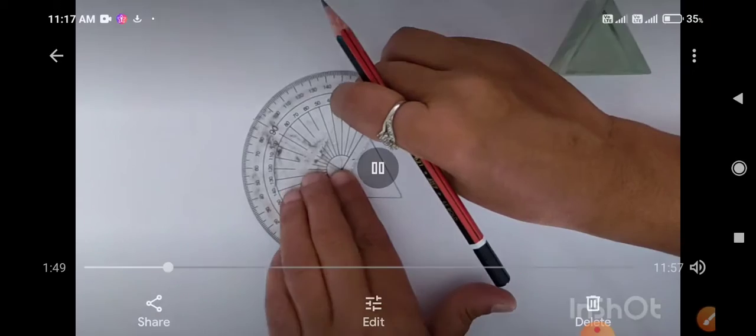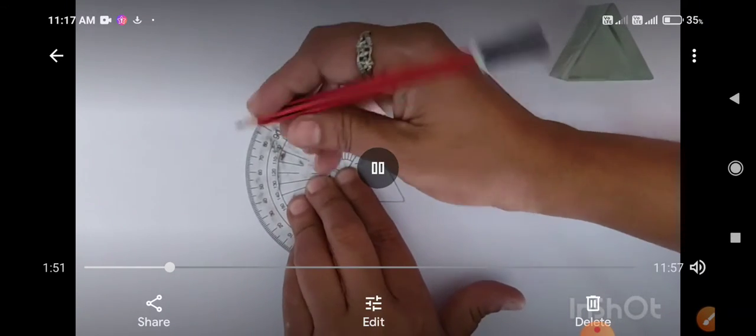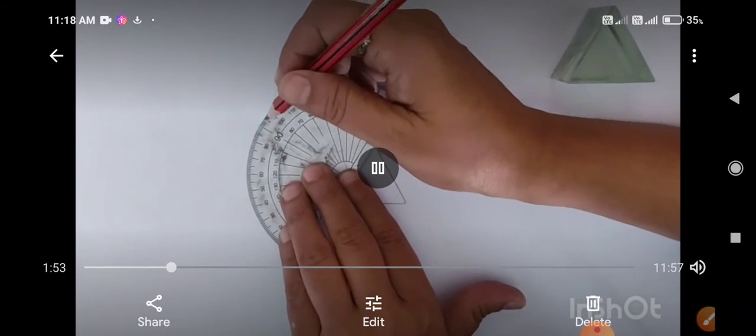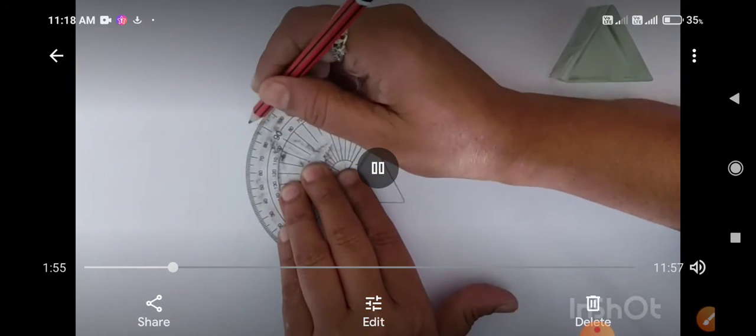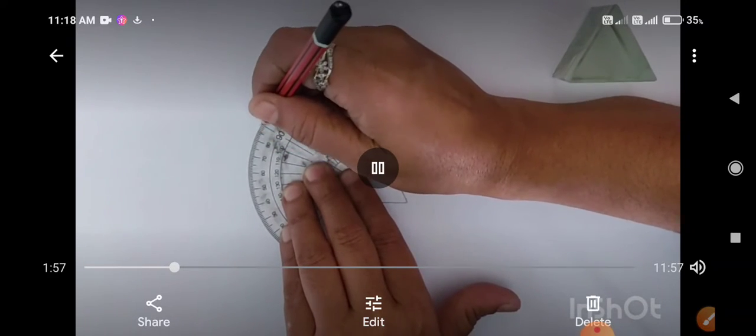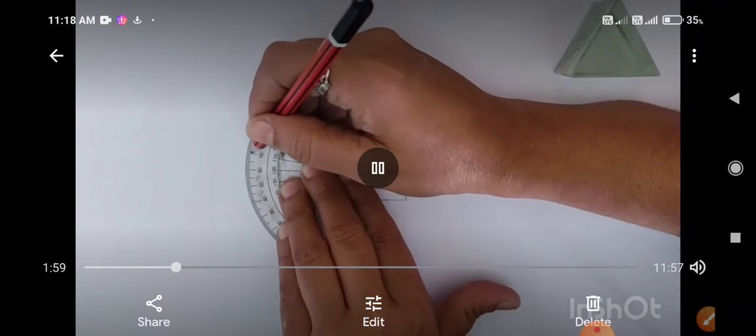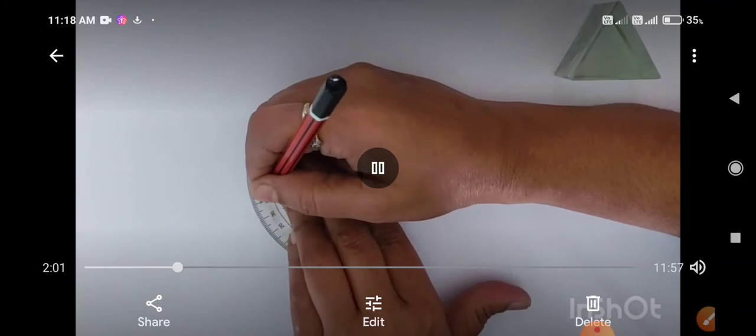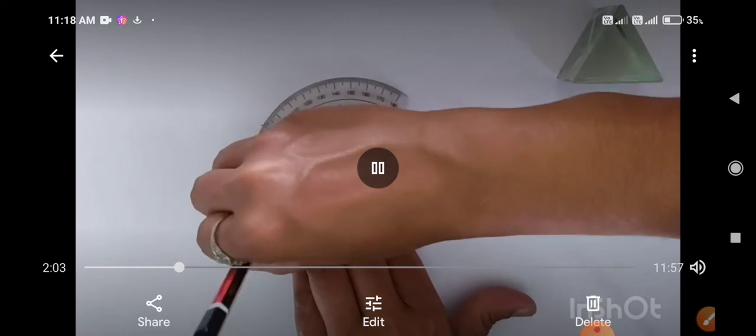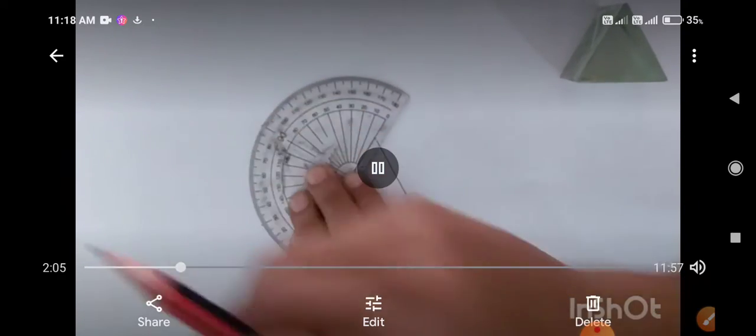I'm going to find the refraction for the angle of incidence, which should be 60 degrees. So I'll mark the 60 degree angle also here. This is 10, 20, 30, 40, 50, and this much is 60 degrees. So first I'll draw a normal.